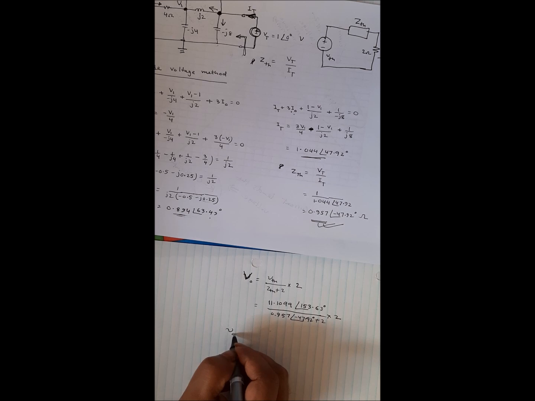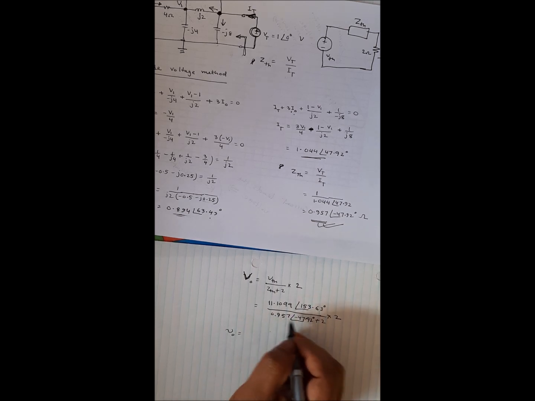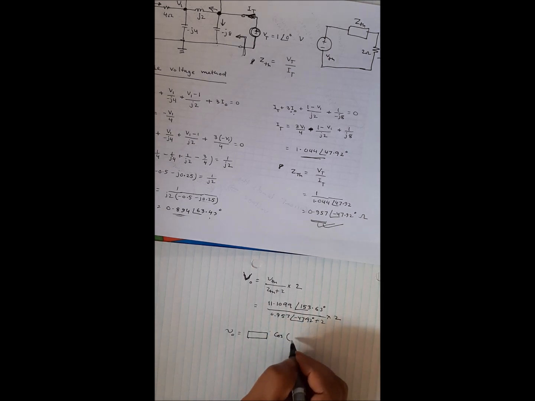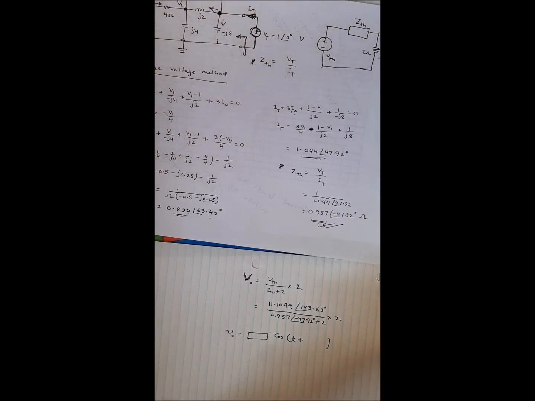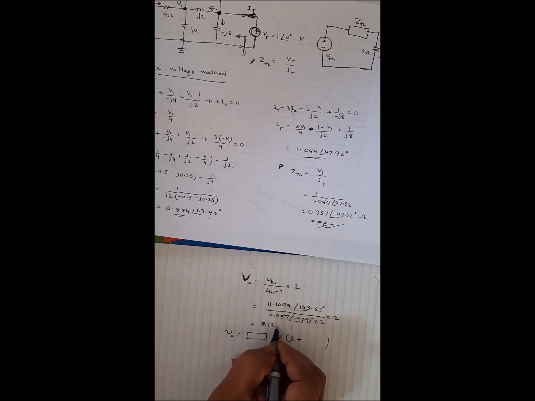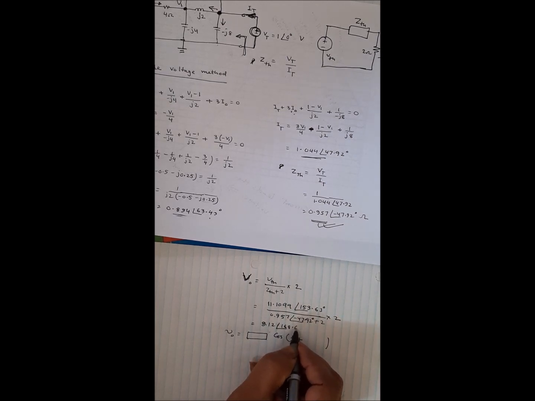Then finally the value that you obtained here, you have to write down here. Then cosine and omega equal to 1, so 1t, and the angle you will put. So the value here is 8.12 and 168.69.